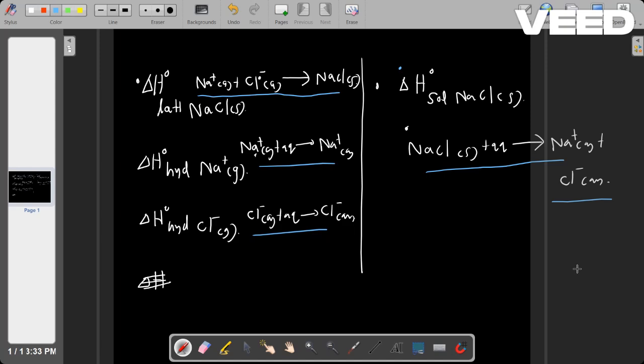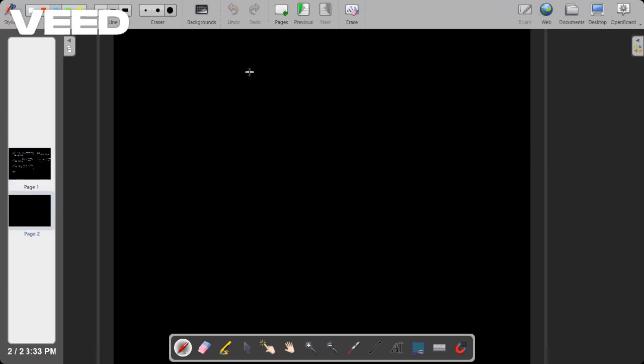You haven't put the direction of the arrow for the lattice enthalpy. Yes, you must reverse it. Usual lattice enthalpy is for the formation of the solid, but to complete the cycle, you must change the direction of the arrows.